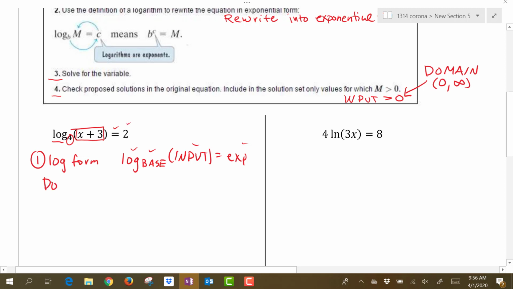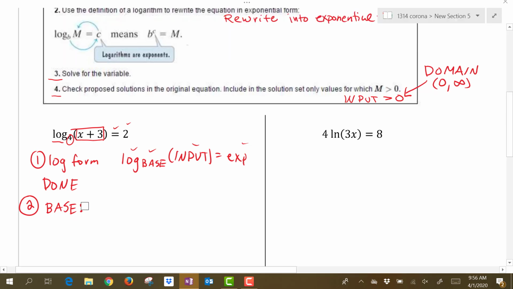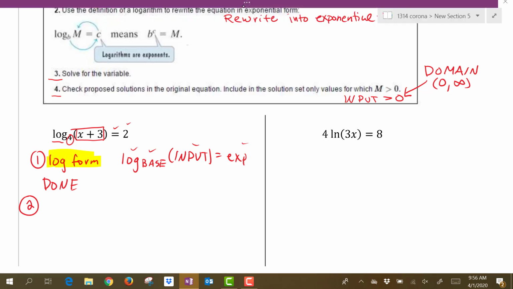So step 1 is actually already done for us. Okay, let's look at step 2. Step 2 says to take that and rewrite it into exponential form. Log form was step 1. That was really already done for us.